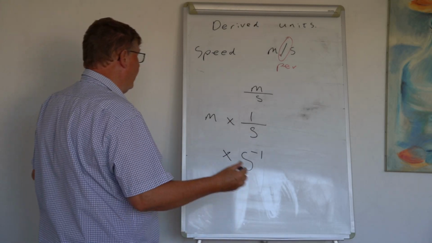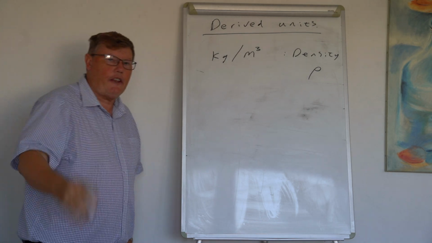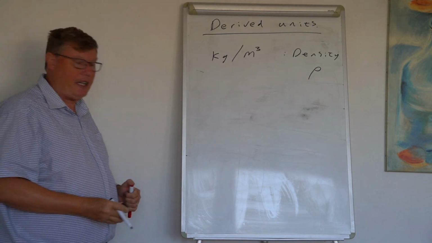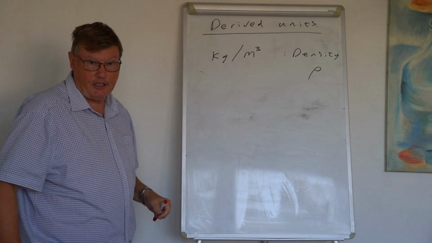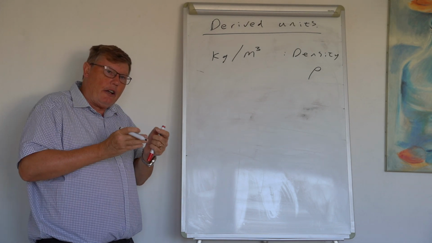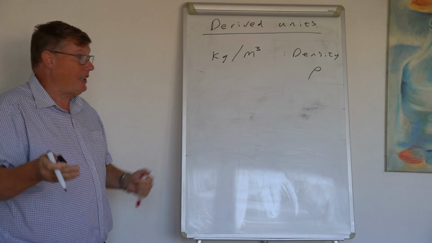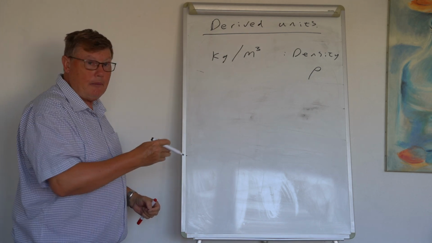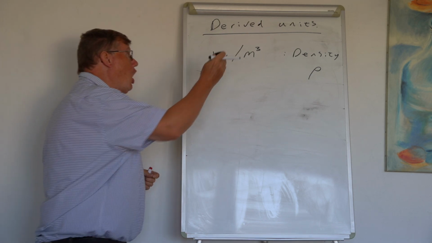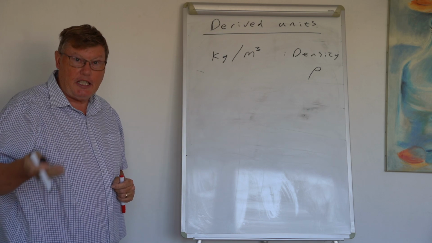And so another derived unit, a common one that you've already encountered, would be density. Density is how much stuff there is in a unit-sized box. And the units are usually, and certainly in physics, kilograms, the amount of stuff, per cubic meter box.